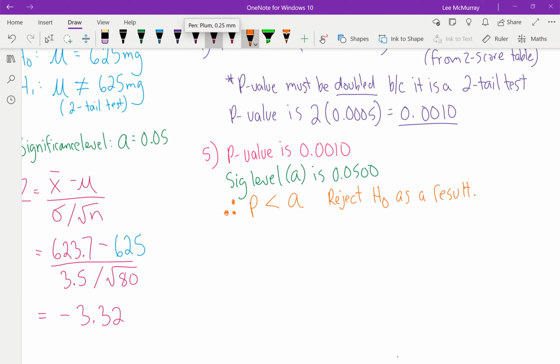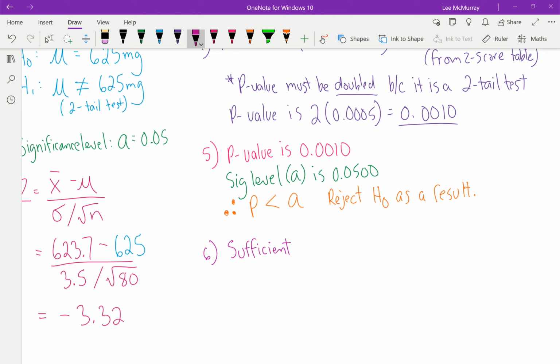So we're going to put a summary statement in here, and we're going to say for part 6, part 6 says there is sufficient evidence. Remember, we're just restating the claim based on what we decided to do in the previous step.